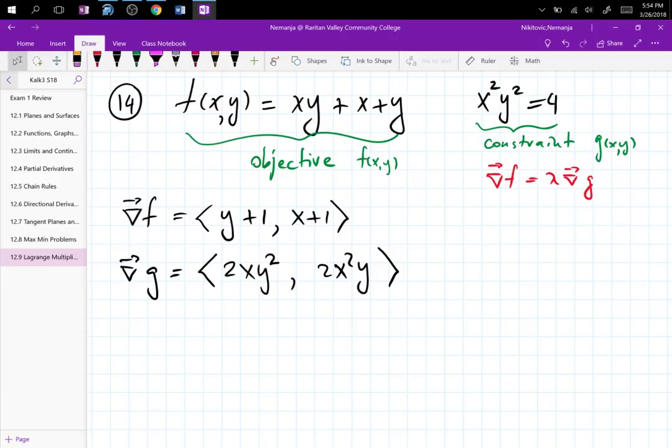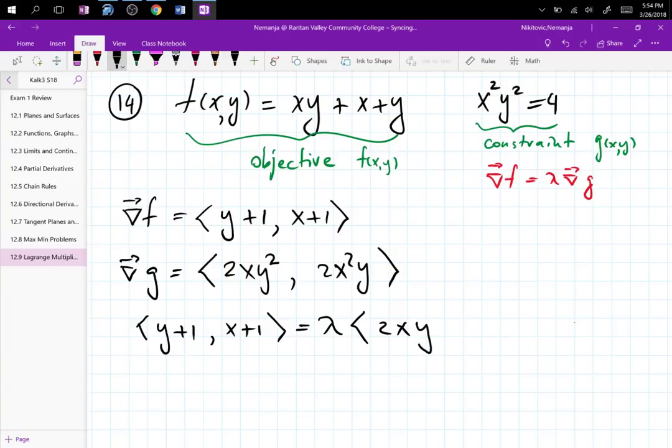When I set these two equal with the lambda in there for the formula we are using, I have y plus 1 comma x plus 1 equal to lambda times 2xy squared comma 2x squared y.